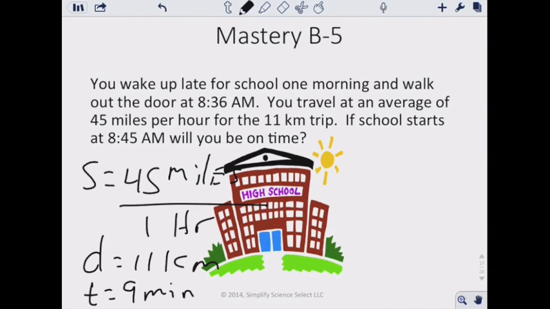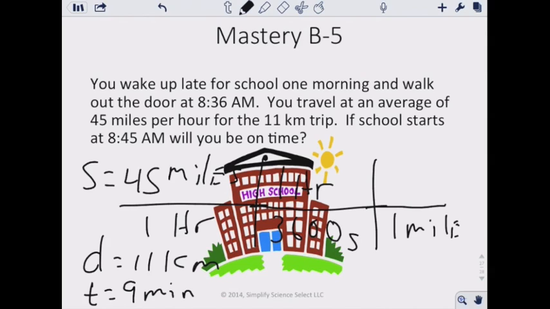So when I'm looking at this, what I can think is I need this in meters per second, my speed. And so to convert this, it's a pretty hard conversion. In 1 hour, there's 3,600 seconds. And in 1 mile, there is 1,609 meters.